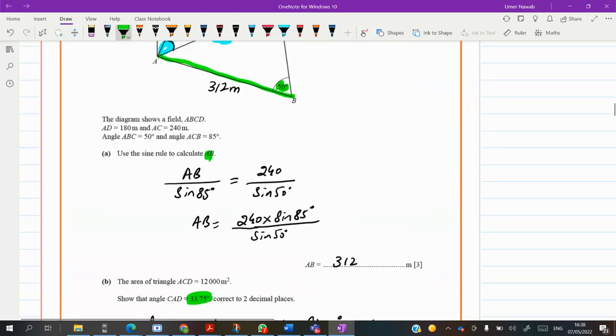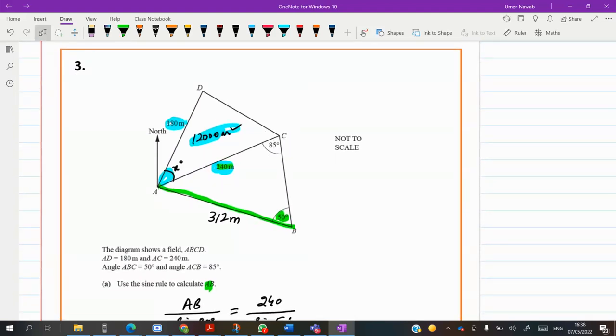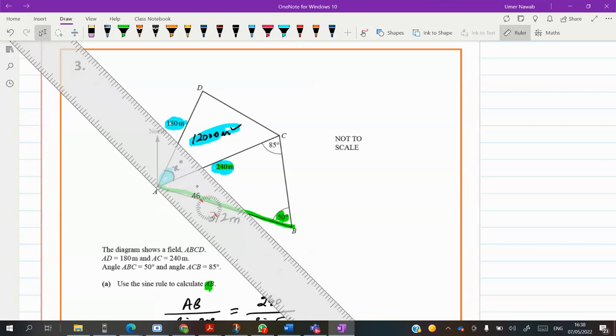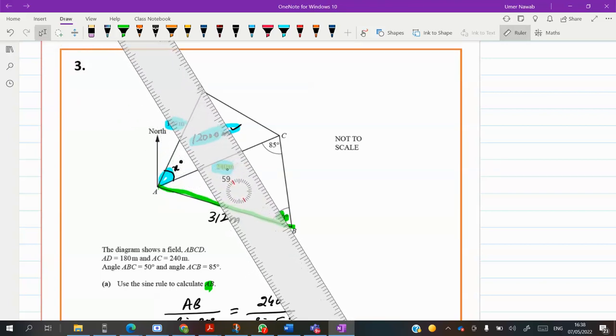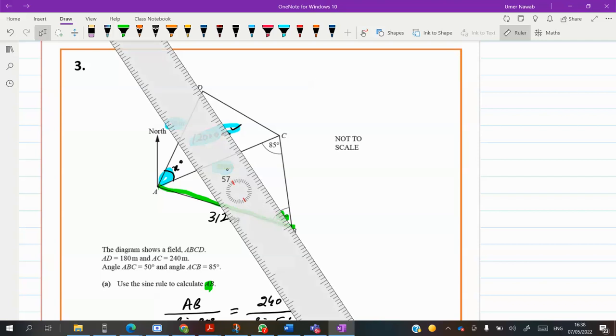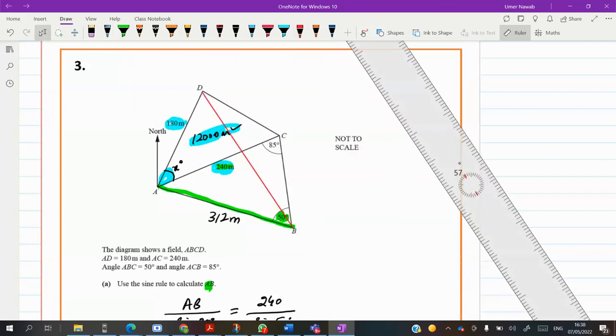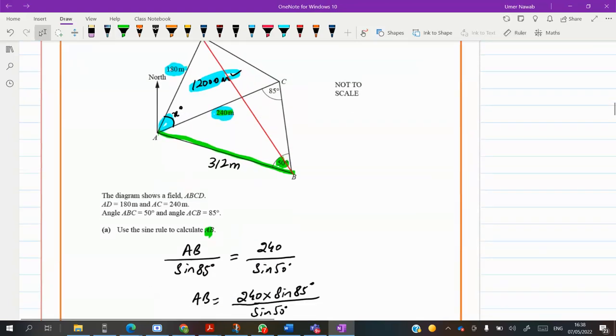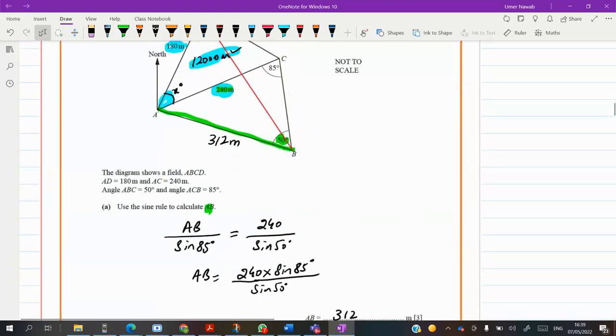We want to find BD, guys, in this case. Just now we have found this angle. It came to us 33.75.